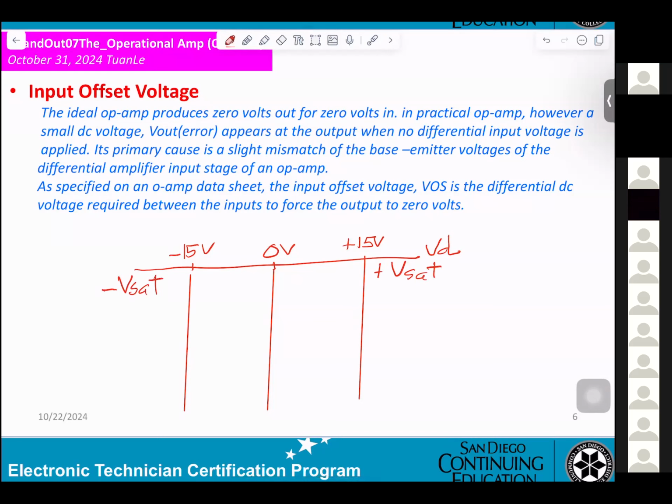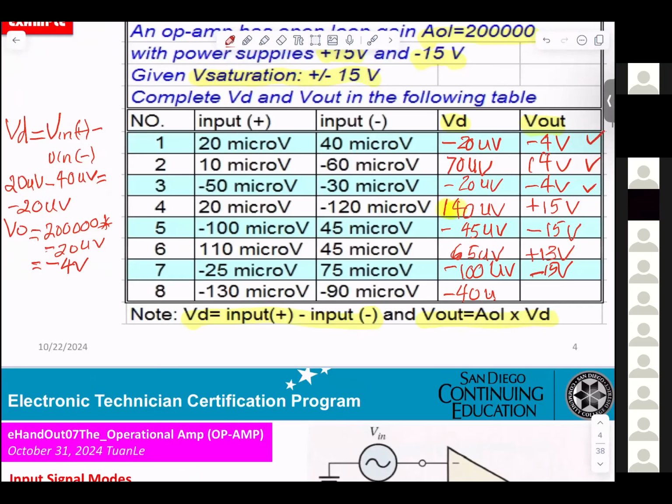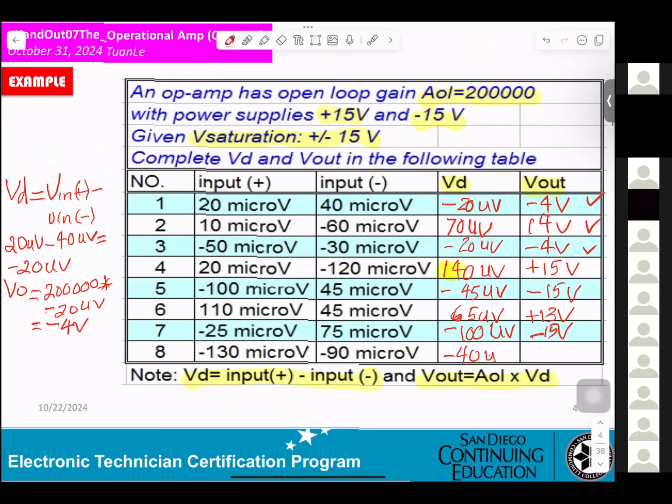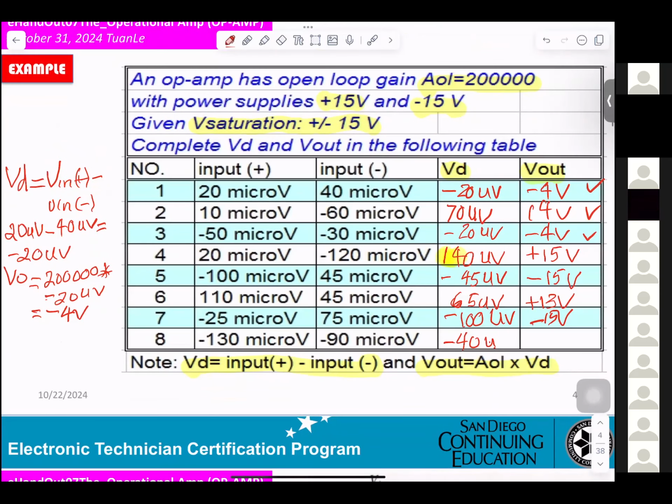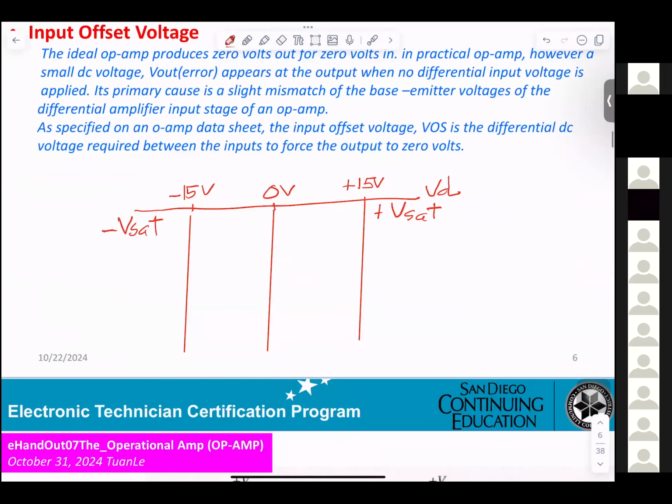So VD, let's see, equal 20 microvolt, minus 20 microvolt.